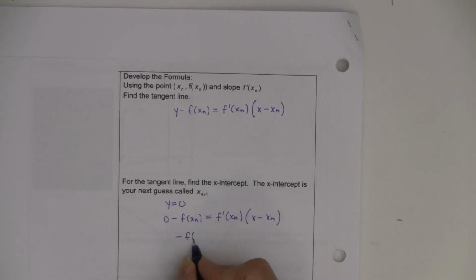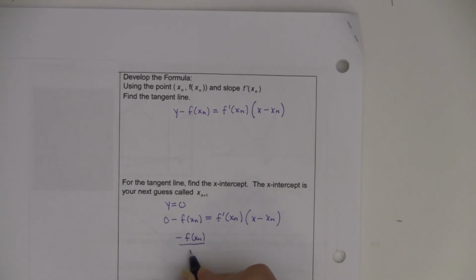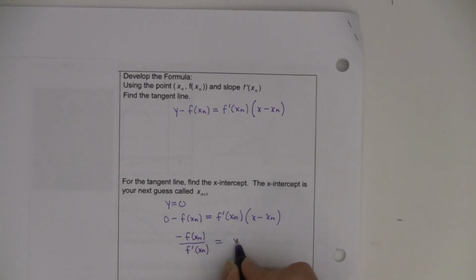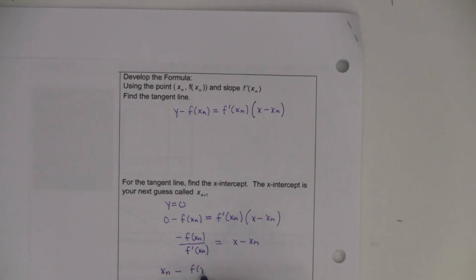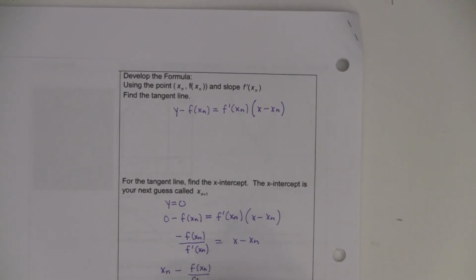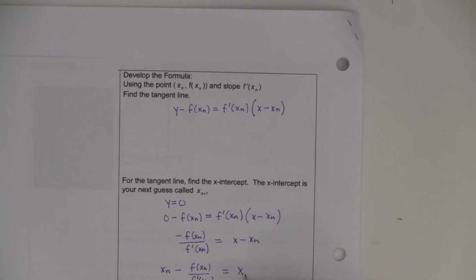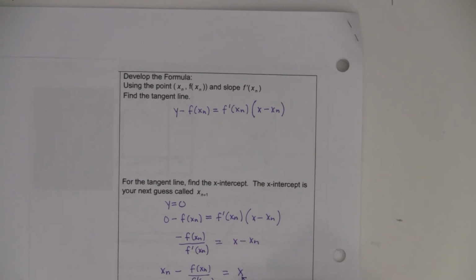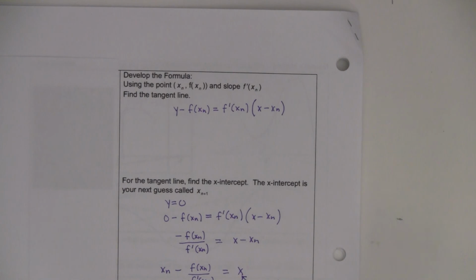So this would be minus f at xn divided by f prime at xn equals x minus xn. And then I could add xn to the other side of the equation. So I get xn minus f of xn over the derivative equals x. And this x right here represents my next guess. And they call that x sub n plus 1.